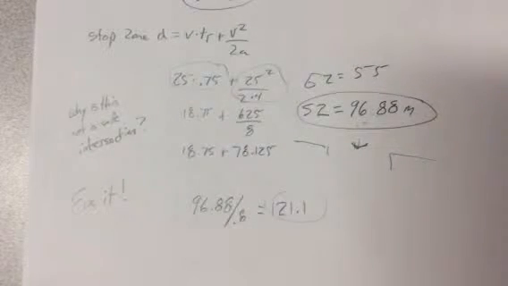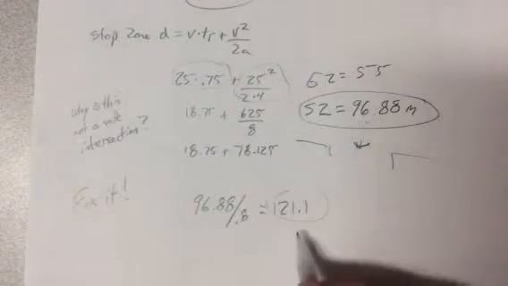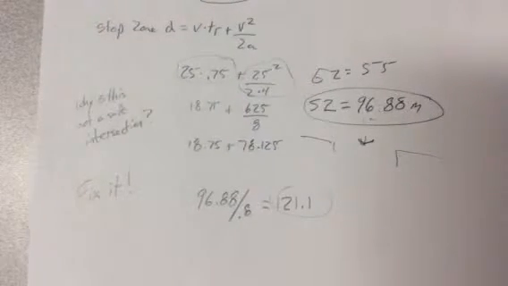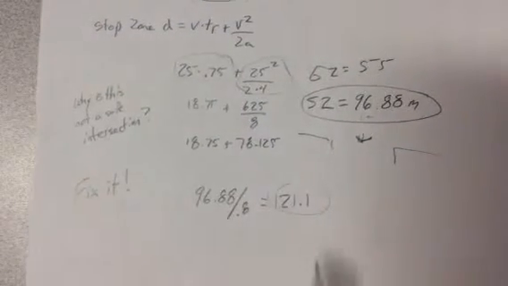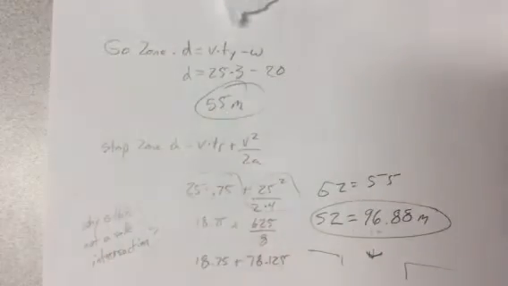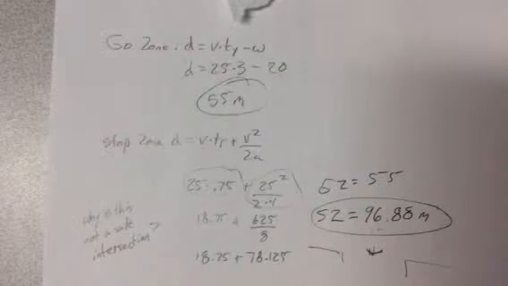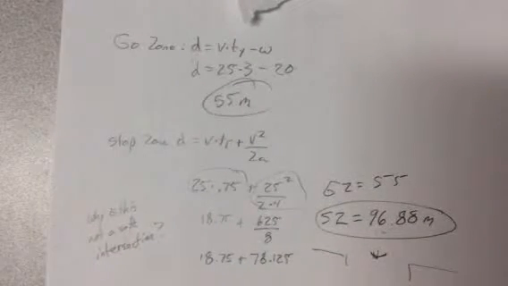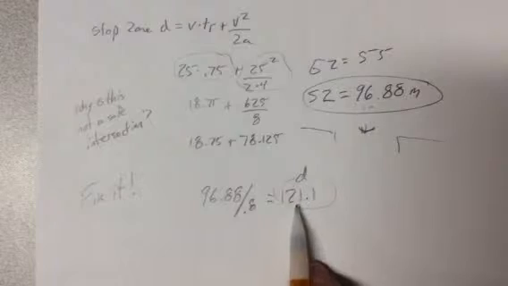So now there's an overlap. So next it tells me to use that answer and solve go zone for t of y. So I go back to my go zone formula up here. Okay, d equals v times t of y minus w. But my new distance now is 121.1.